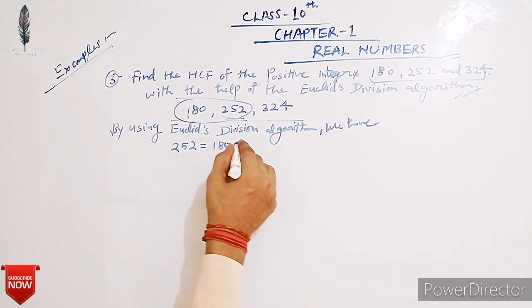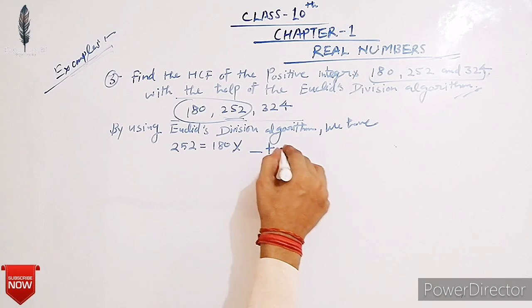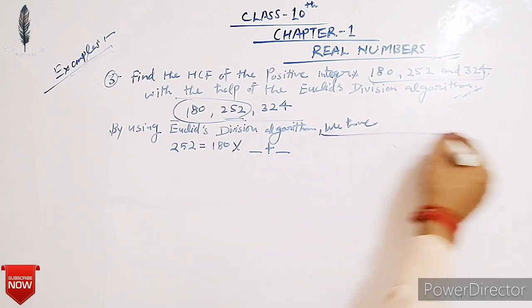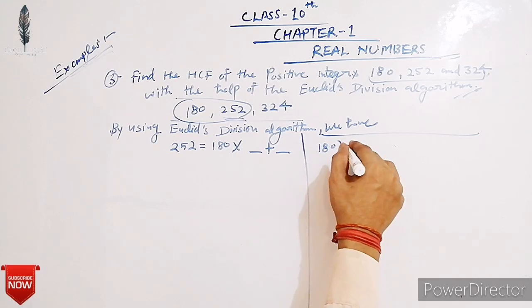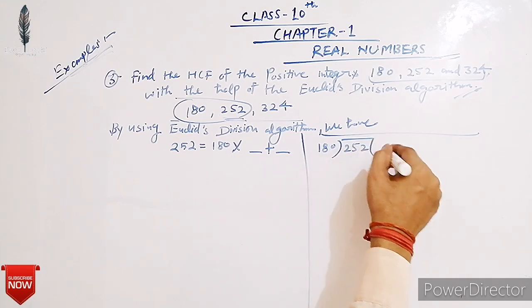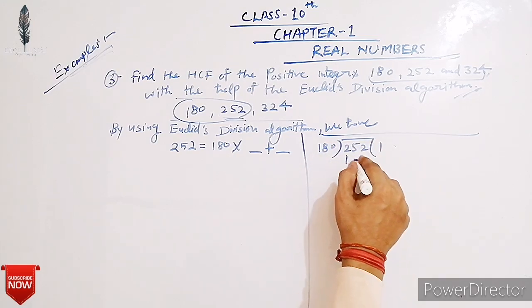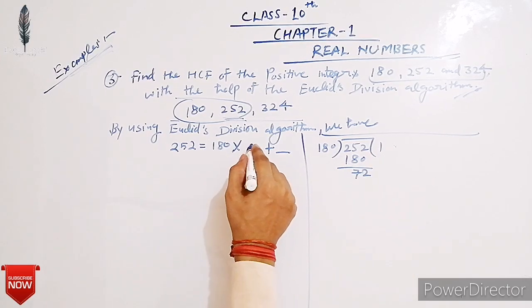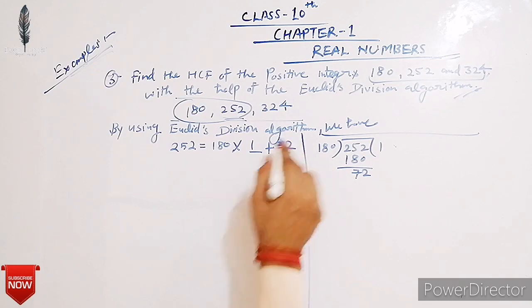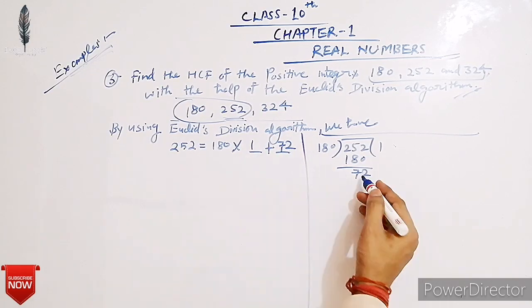So 252 is equal to divisor 180 into quotient plus remainder. To find the quotient and remainder, we have to use the division method. So here 1, here 180, here 72. Here we got quotient 1 and remainder 72.